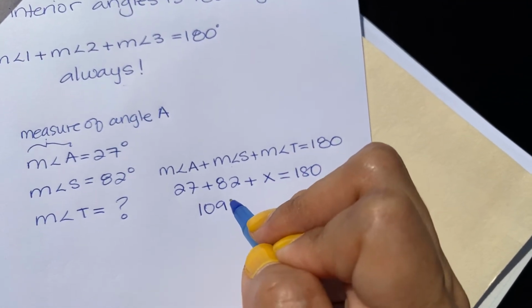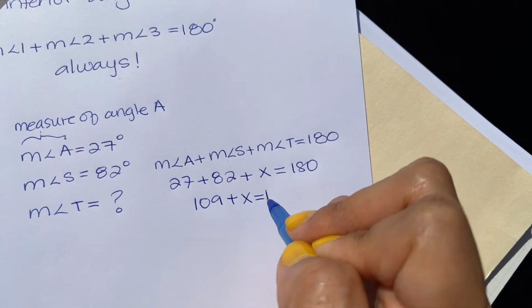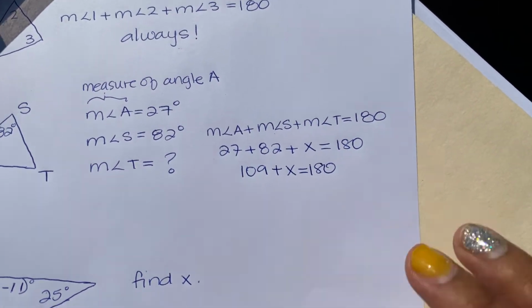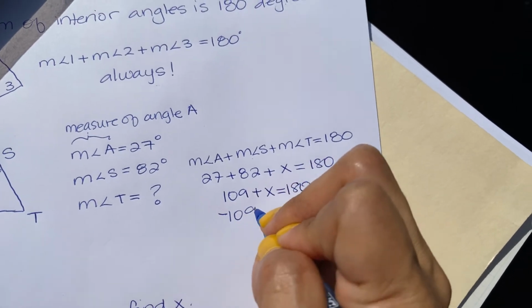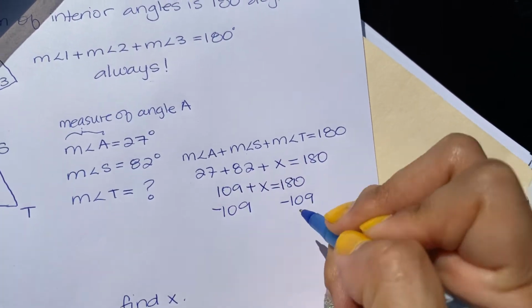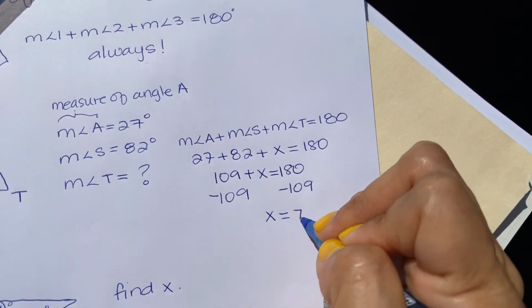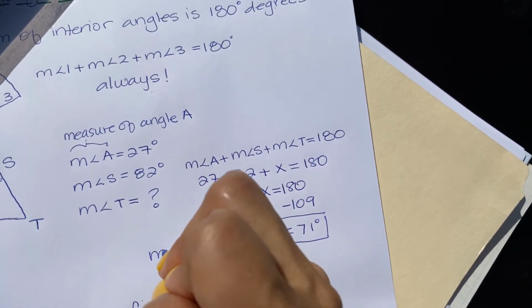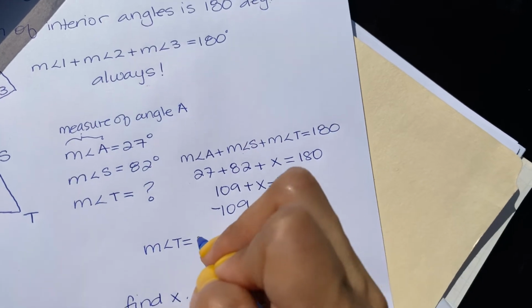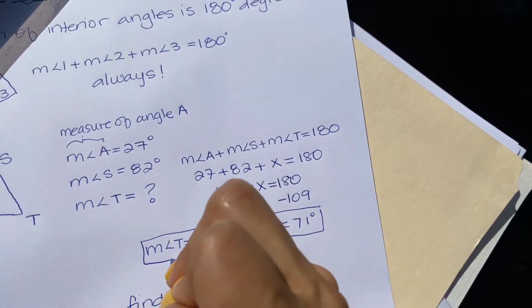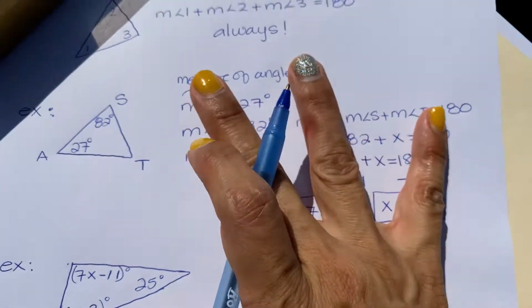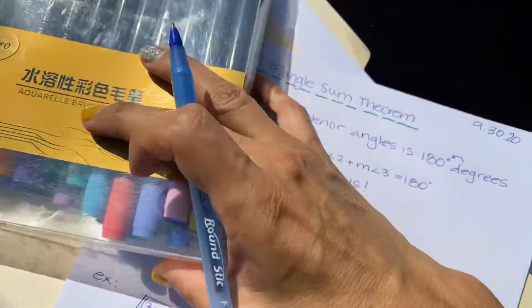So that's 109 plus X equals 180. And then subtract. So I'm doing all the algebraic steps that you can actually do very quickly, right? So X is 71 degrees, or measure angle T is, what did I say, 71 degrees. Is that okay? Right? Easy. Like I said, this is gonna be a really quick video.